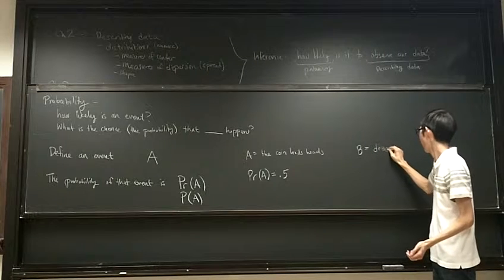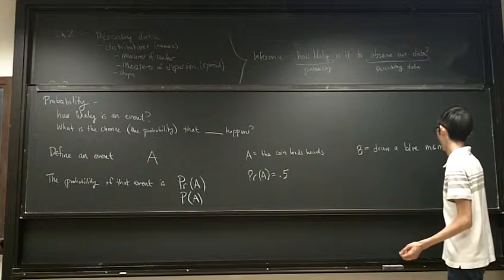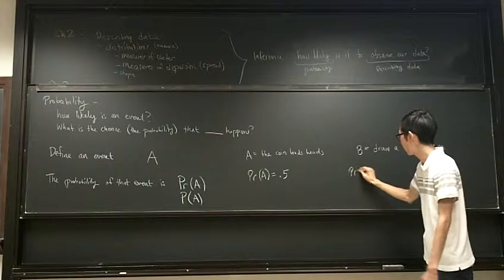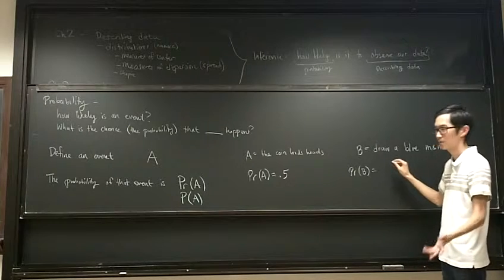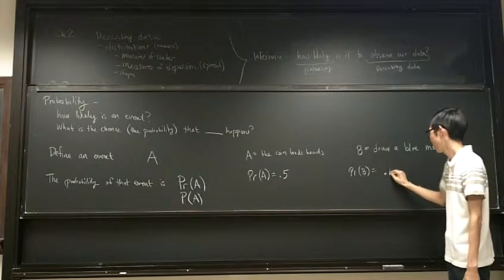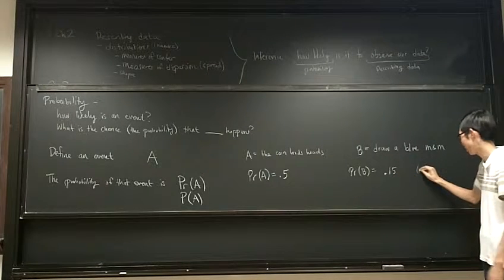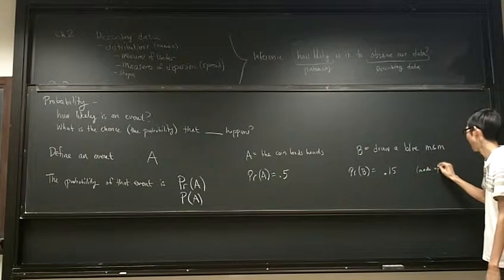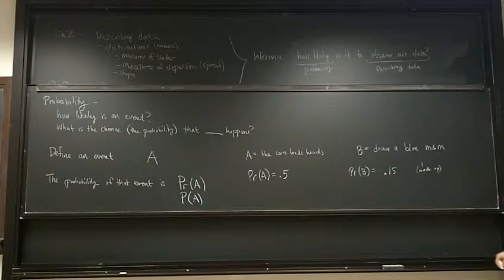Draw a blue M&M. Okay. So then the probability of B is whatever, I don't know, 0.15. I'm making this up. This is a made up number. If you're like, how did you get 0.15? I made this up.